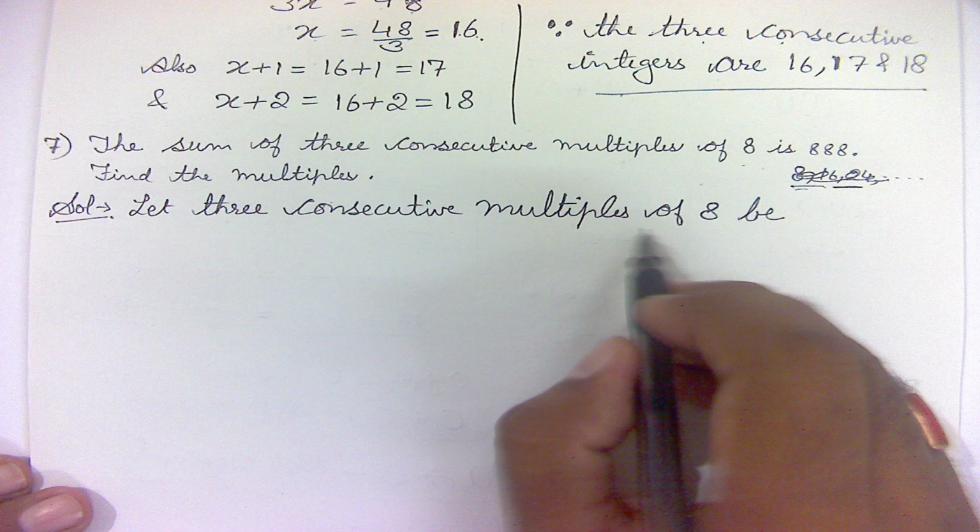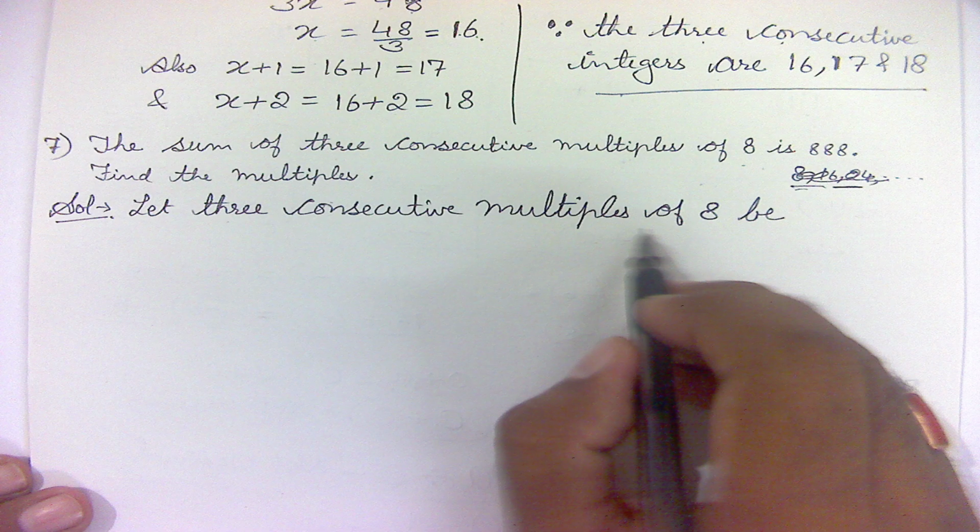And then what about x plus 8? 288 plus 8, it is 296. And what about the third integer, that is x plus 16? 288 plus 16, this will be 304. So the three consecutive multiples of 8 are 288, 296 and 304.